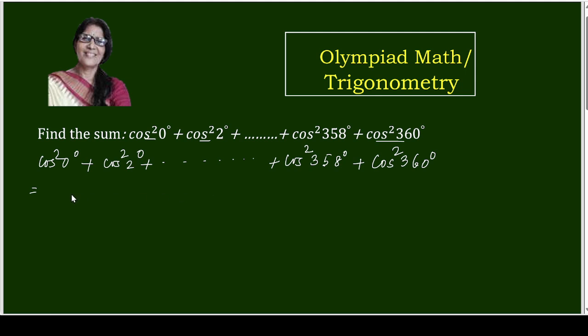One is 0 to 90, that will be cos square 0 degree, cos square 2 degree, up to cos square 88 degree plus cos square 90 degree.